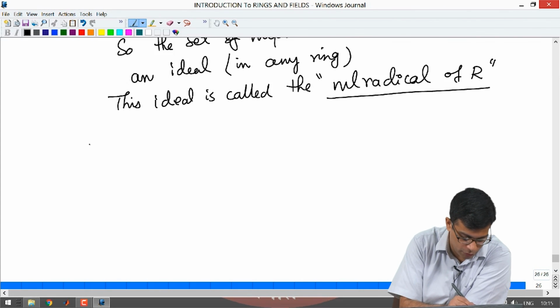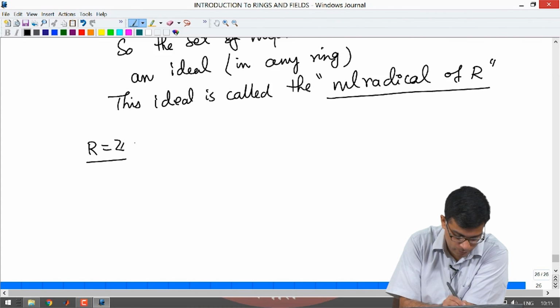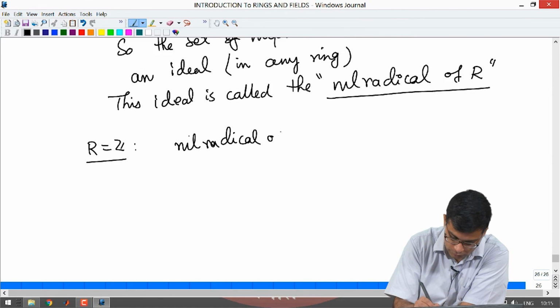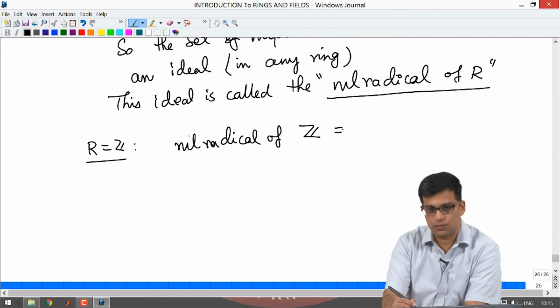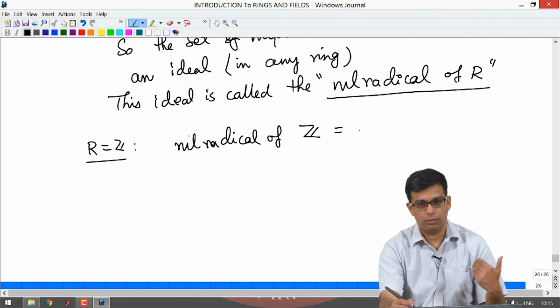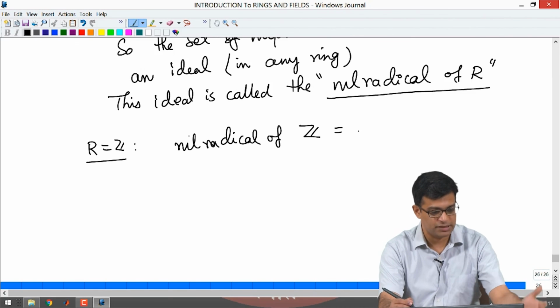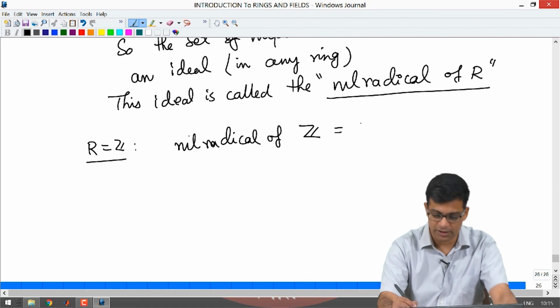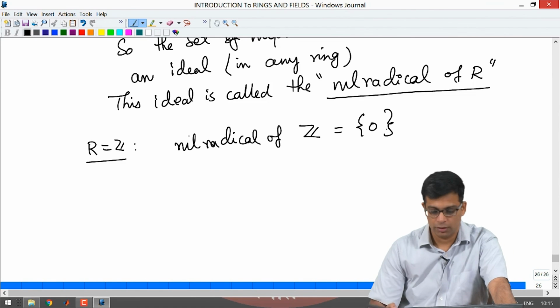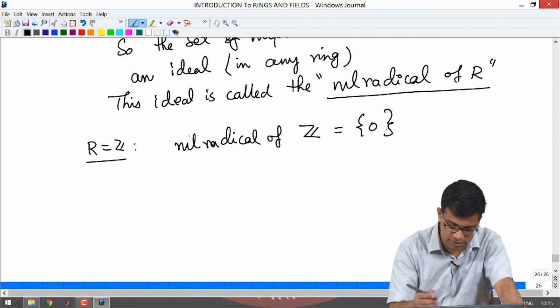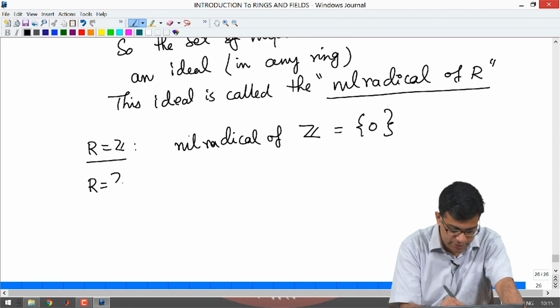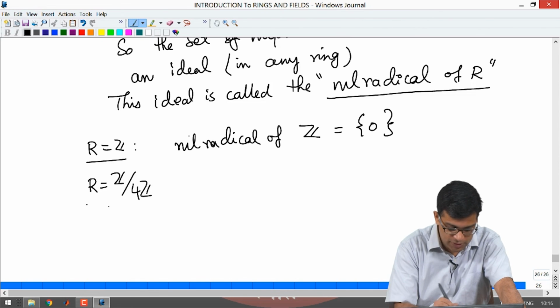What is the nil radical of Z? So, if you think about this, if you take an integer and some power is 0, that means that integer must be 0 itself. Okay. So, nil radical must be just the 0 ideal. And as the earlier example showed, if R is Z mod 4 Z, what is the nil radical?